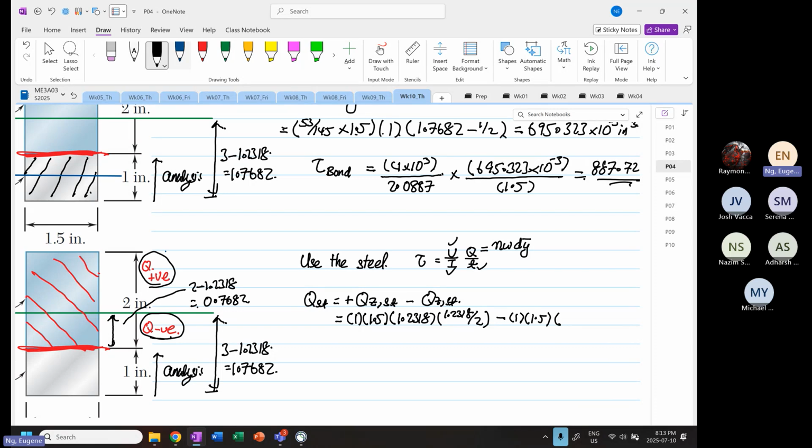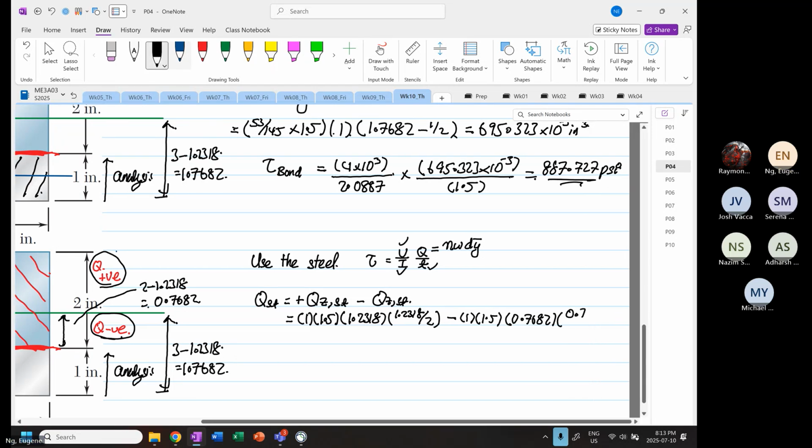Okay, so the width, again, n is 1, the width is 1.5. The depth now is 0.7682. And then we have 0.7682 divided by 2.